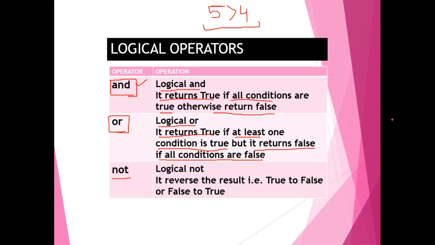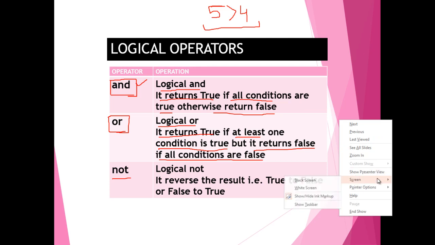Okay, so let me explain with the help of the various situations first. So now we are discussing the OR logical operator. Suppose this is my condition number 1 and this is my condition number 2, and between these conditions I put the OR operator. So these conditions are now combined with each other with the help of this OR operator.